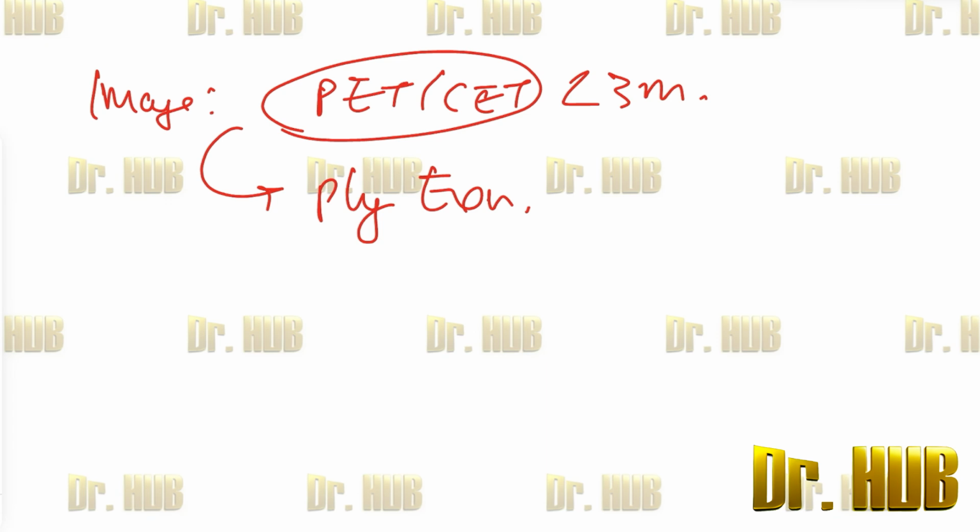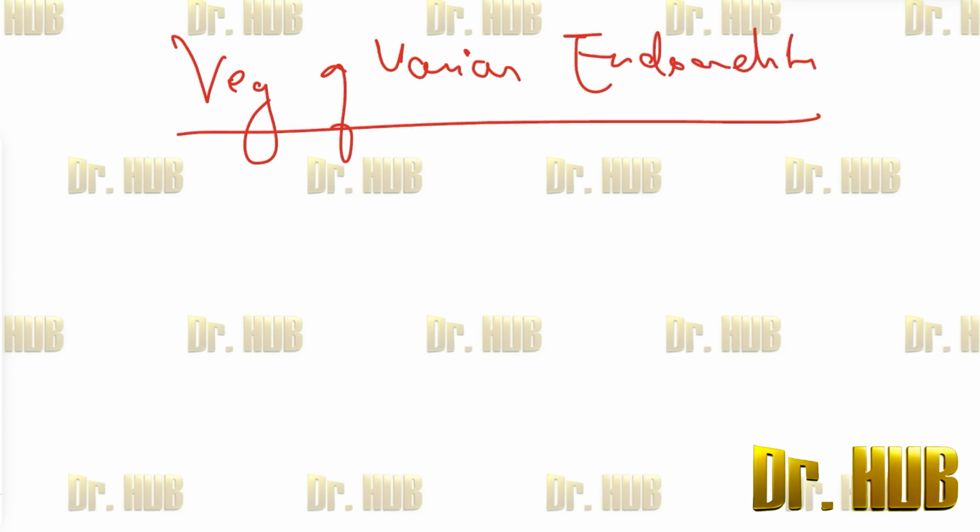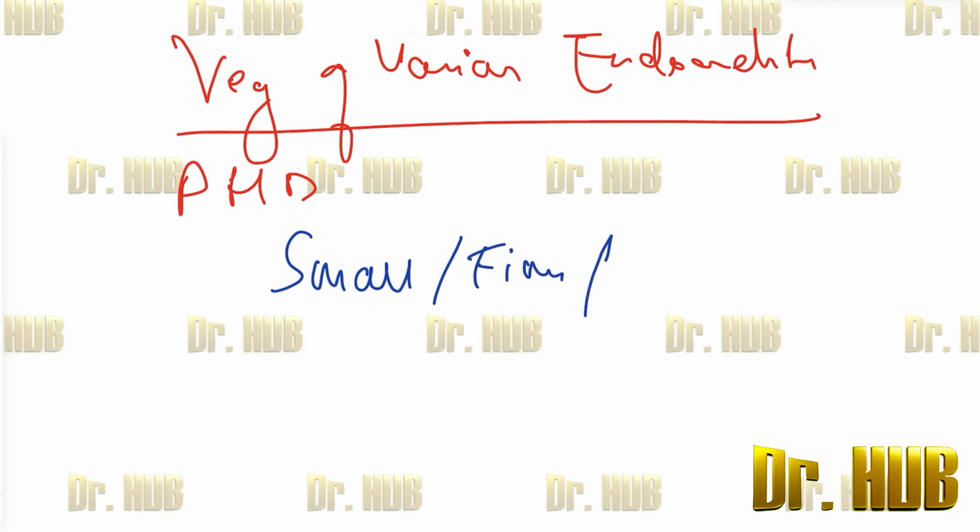Next we move on to the vegetations of the various types of endocarditis. First we look at the RHD, that is rheumatic heart disease. Here the vegetations are small, firm, as well as friable.